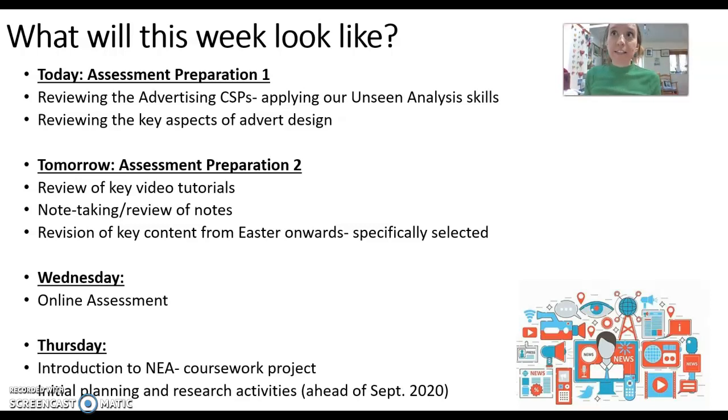So I'm introducing the concept of it this week so that if you have the capacity, if you have the time to do so, you can do some thinking or planning or creative practice over the summer. You'll be able to do something meaningful that will help you in September.